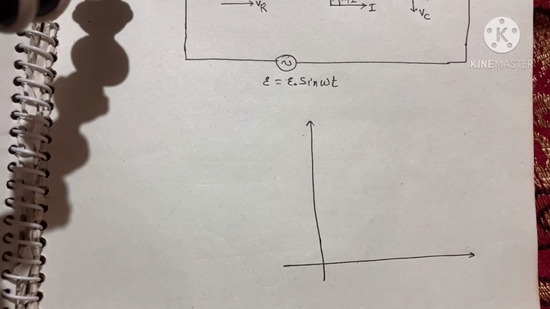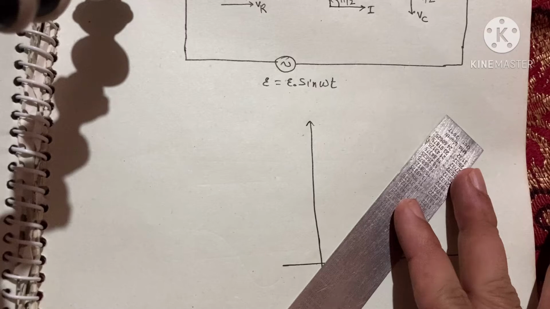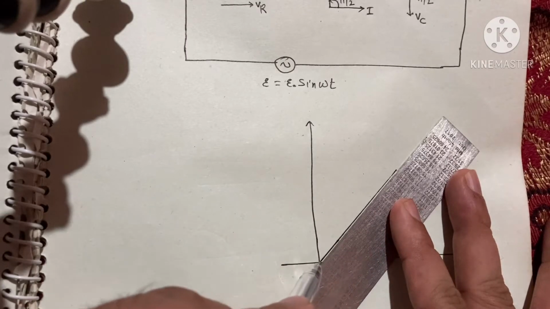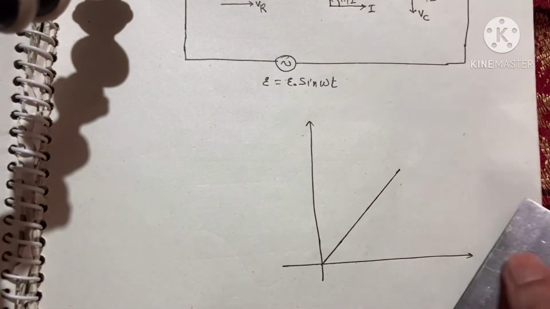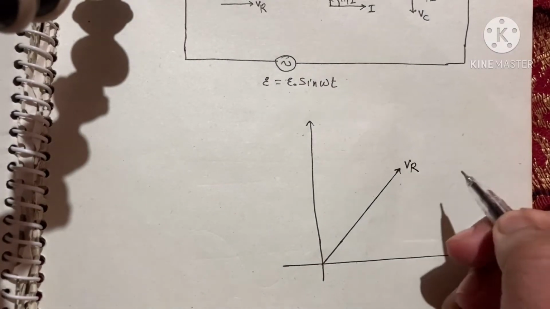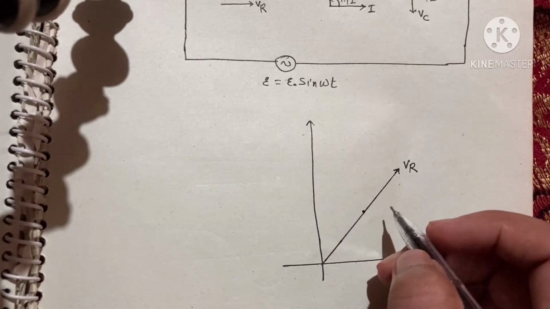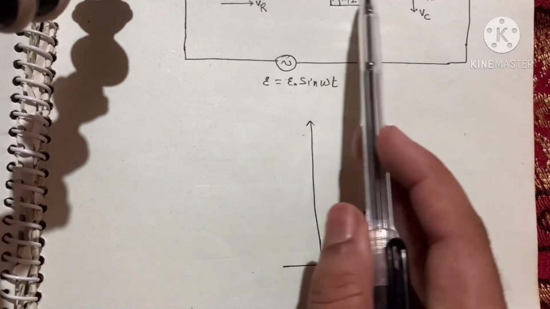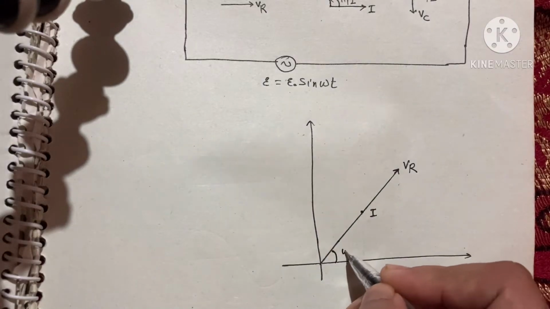For the resistor, the voltage and current are in the same phase. So this is one line, and you can write it as VR, the voltage across the resistor, and somewhere here you can put the current I. The current will be the same throughout all components because they are connected in series. Suppose this is at an angle omega t.